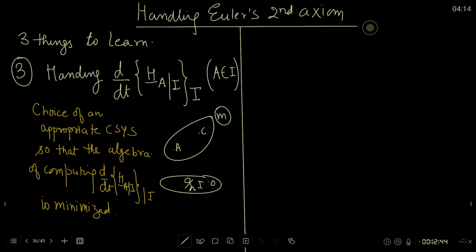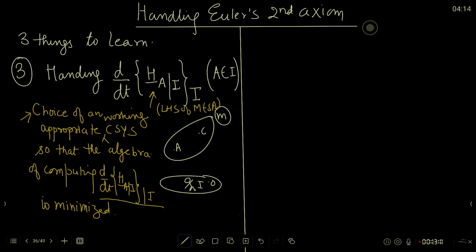What is the third item that we have to learn? The third item is choice of an appropriate working coordinate system, so that the algebra of computing this quantity is minimized. Mind you, this is the LHS of MESA, right?